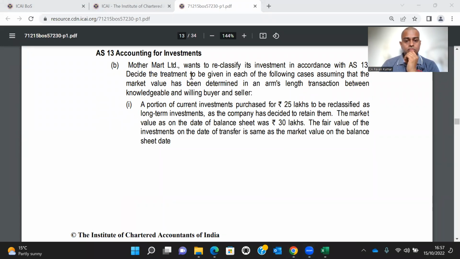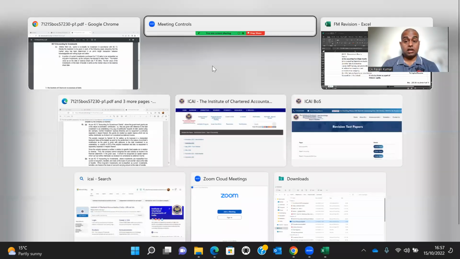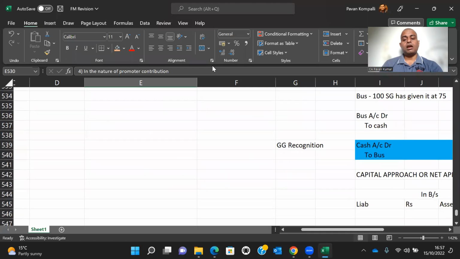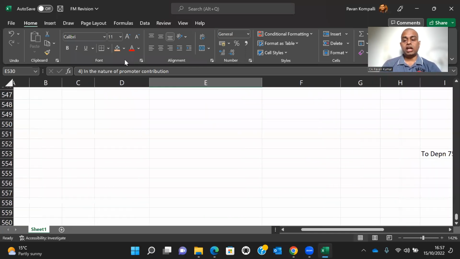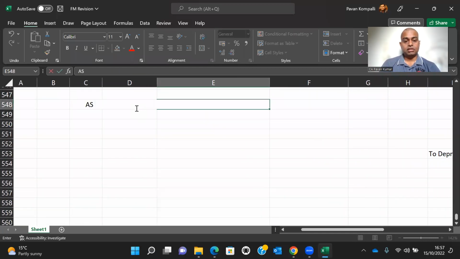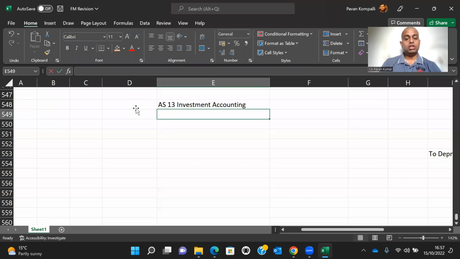Mothermark Limited wants to reclassify its investment in accordance with AS 13. Decide. So this is actually an easy standard, but the moment reclassification comes, oh my God. Okay, accounting standard 13, let us do a little revision. One second. So they are speaking about reclassification.